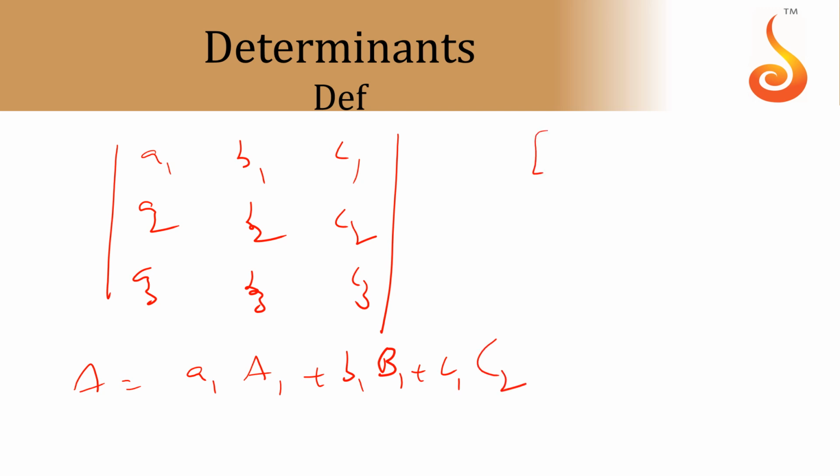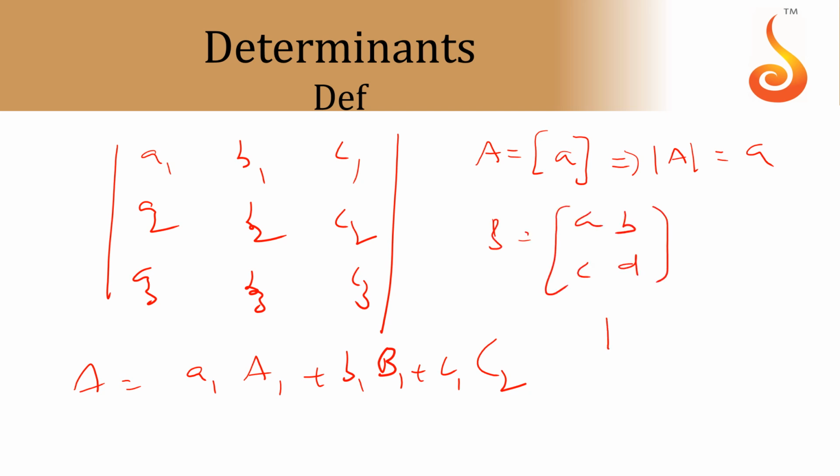Please remember, for a 1 by 1 matrix, det A will be the element itself. For a 2 by 2 matrix a, b, c, d, det will be ad minus bc. So even for 2 by 2 you can use the definition. Here you should know minors and cofactors. I think everybody knows; I just revised what a determinant is.